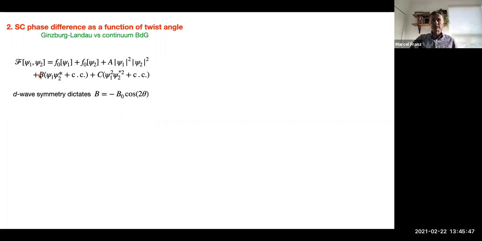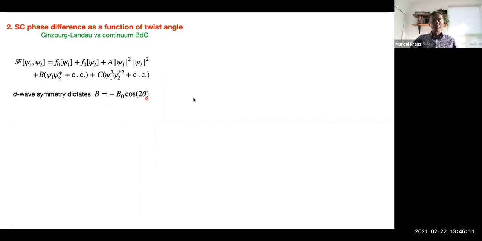And this is simply because these psi1 and psi2 are D-wave order parameters. They also have to change sign by 90-degree rotation. And so for this term to remain invariant, B also has to change sign. And so the simplest form that is consistent with this requirement is that it's proportional to cosine of theta.